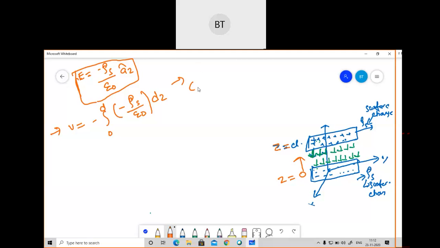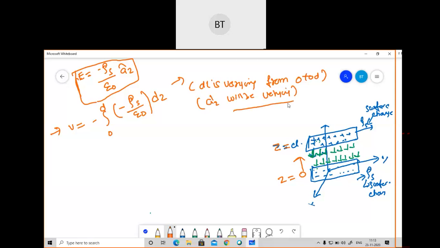So dl will be varying from 0 to d, and this dz will be varying over the whole capacitor plate. Based on that, I have written the formula for the electric potential.